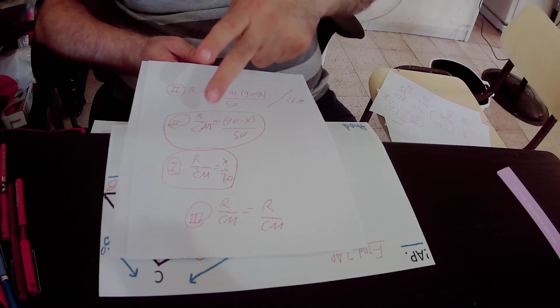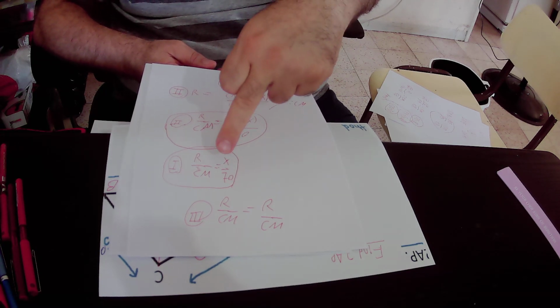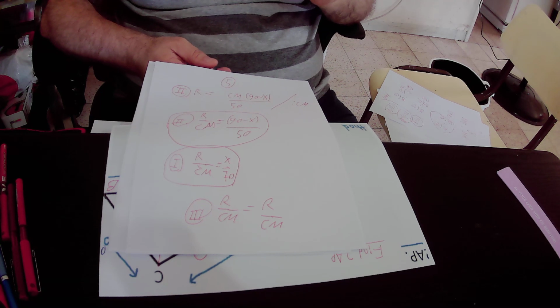But from the first equation we know that R over CM equals X over 70.